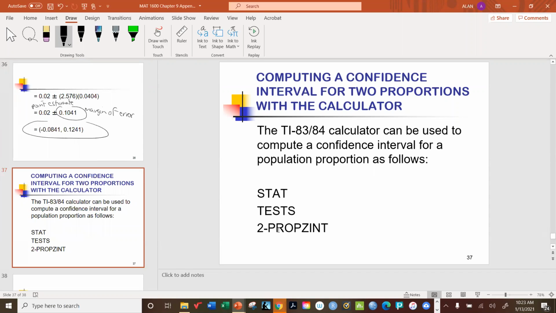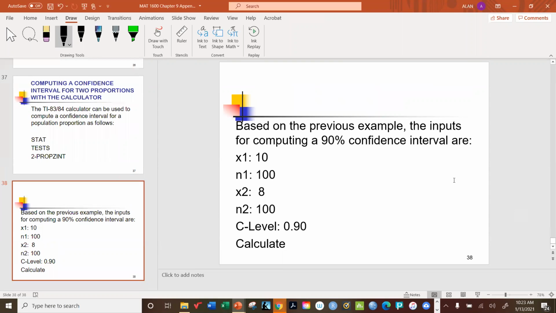So if you look carefully, you'll see in the menu, oh, here we go, 2 prop Z interval. Before, the other one said 1 prop. This one is 2, because it means that we're comparing 2 proportions to each other. Then you'll have to supply it with the X and N for both samples, as well as the confidence level. Not hard at all.